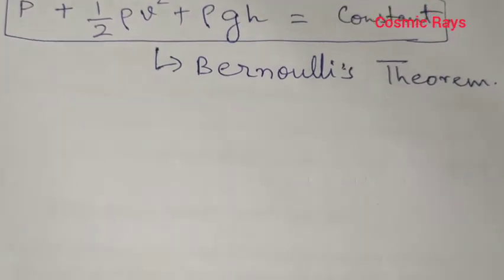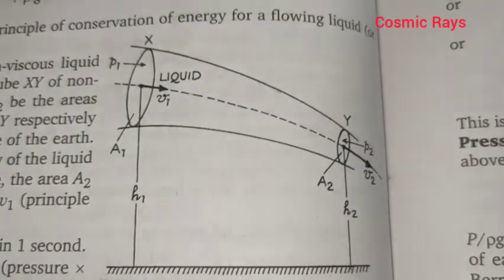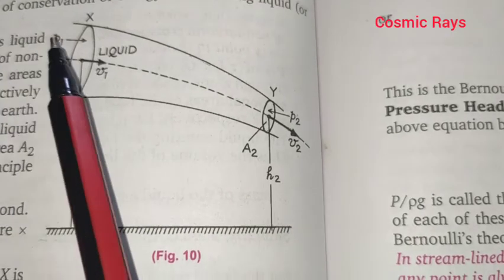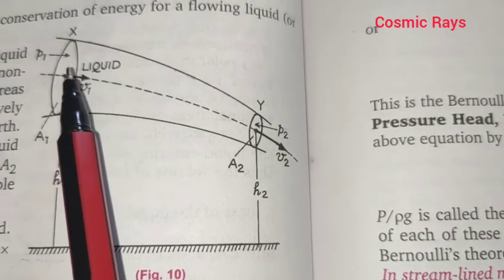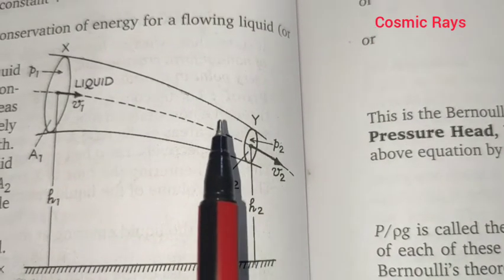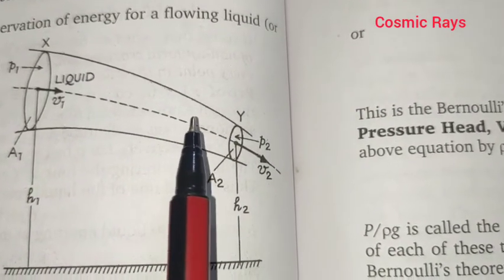So now to prove the Bernoulli's theorem, let's look at this picture. Here we have a pipe XY which is non-uniform, and we assume that an incompressible and non-viscous liquid is flowing in a streamlined motion through this non-uniform cross section of the pipe.